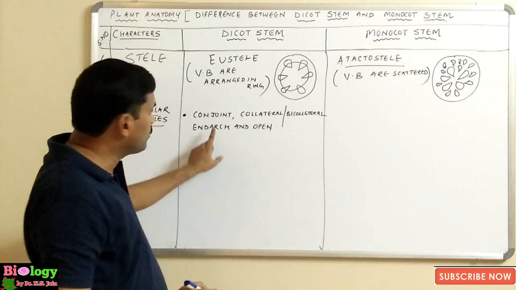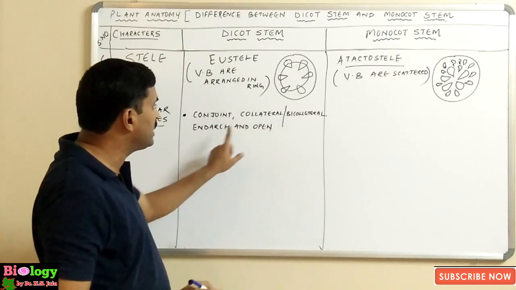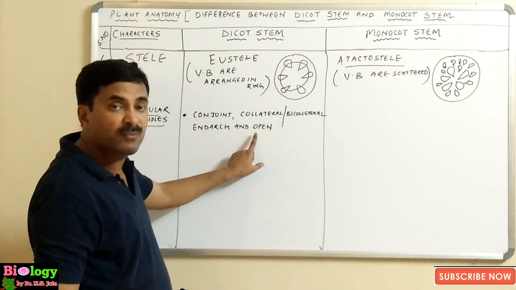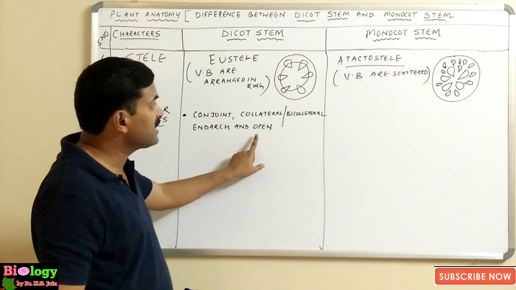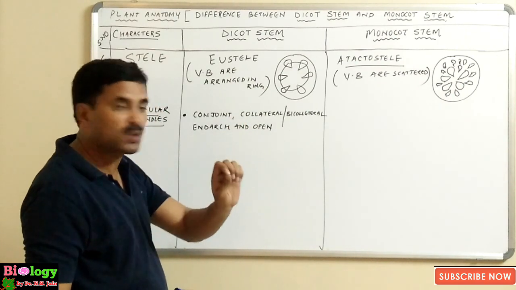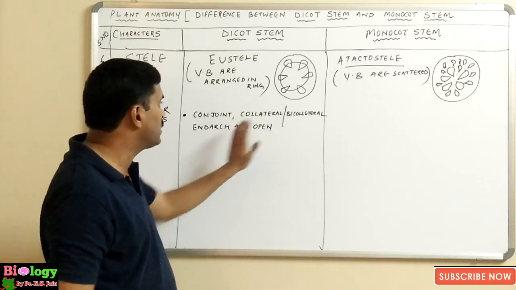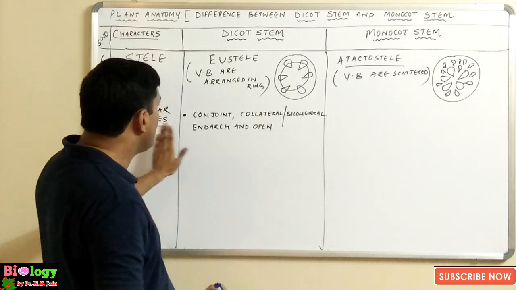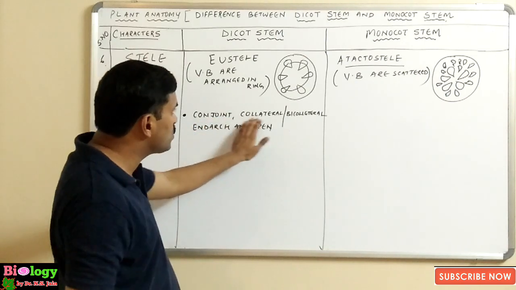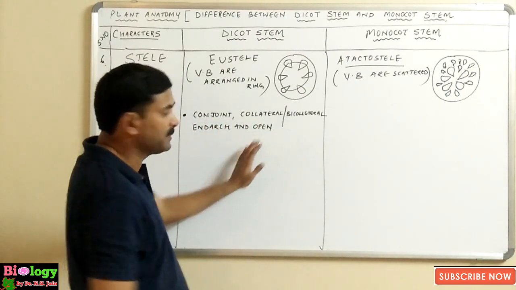For more details on what is conjoint, collateral, bicollateral, endarch and open vascular bundles, you can see my video by the name types of the vascular bundle. So vascular bundles here are conjoint, collateral, bicollateral, endarch or open.